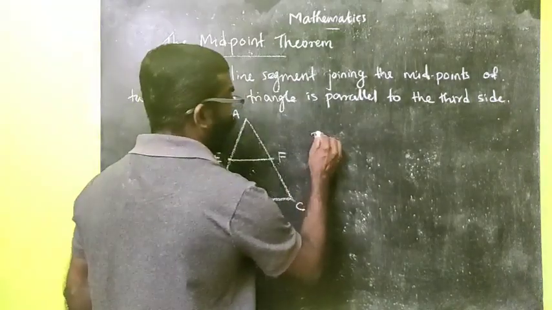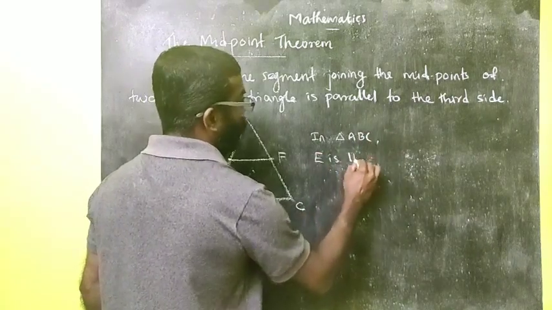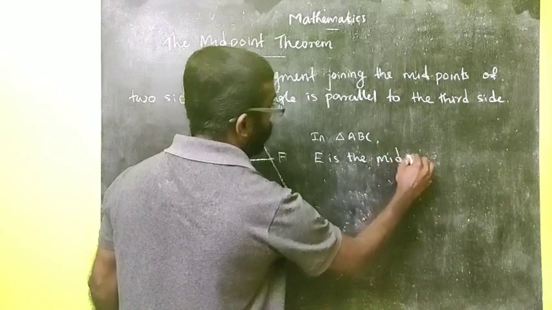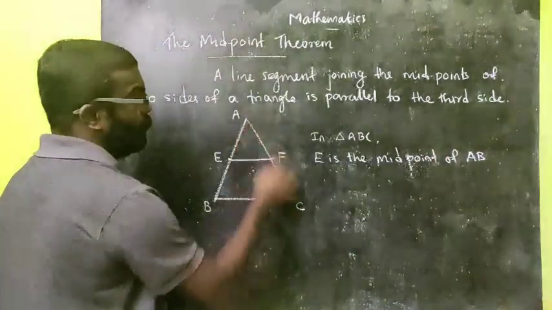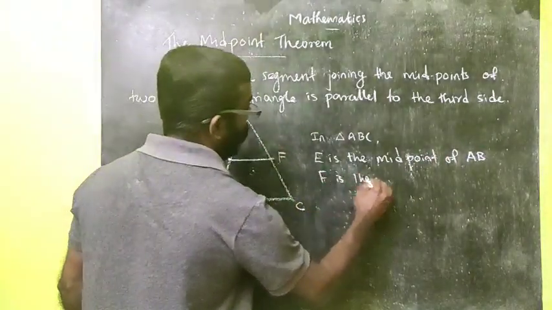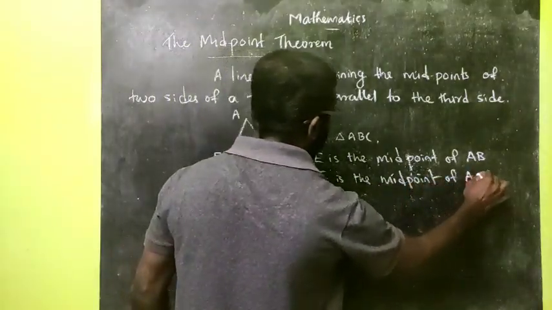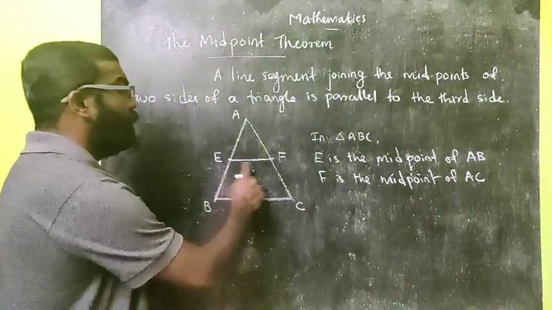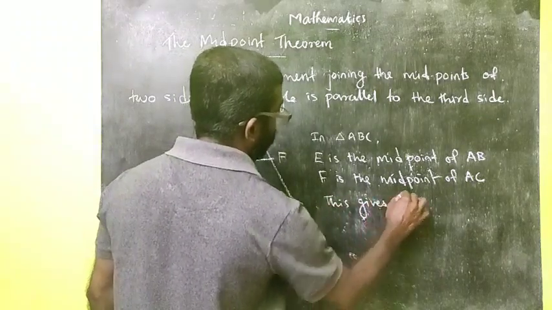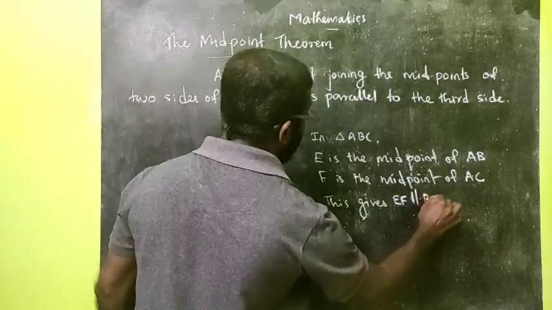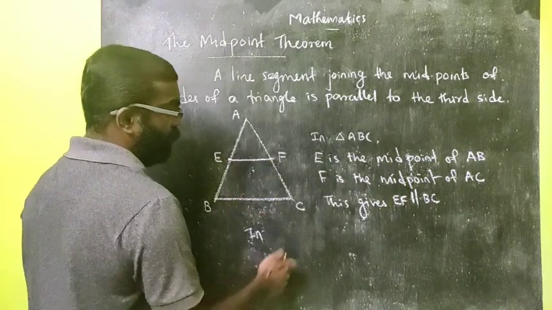So here in triangle ABC, we can say E is the midpoint of AB, and F is the midpoint of AC. So this gives EF is parallel to BC. And in this case, also note that EF is equal to half BC.